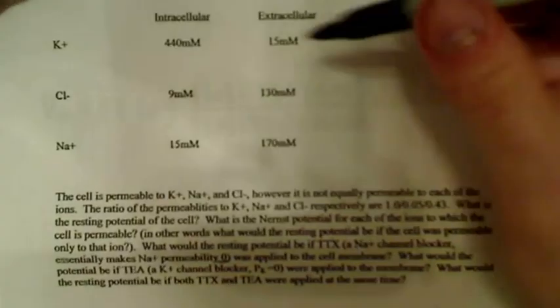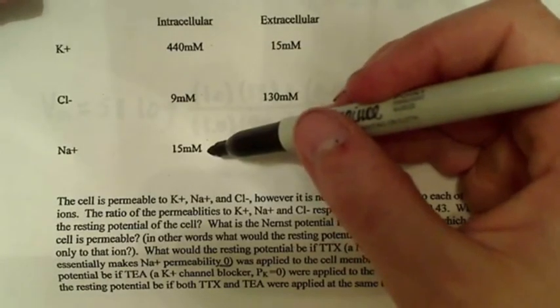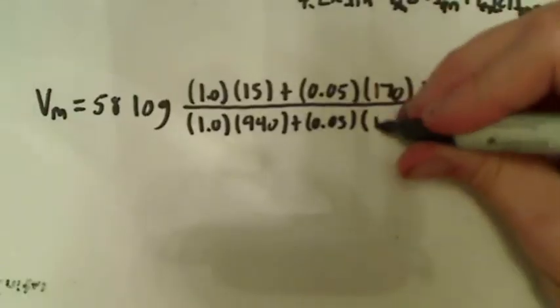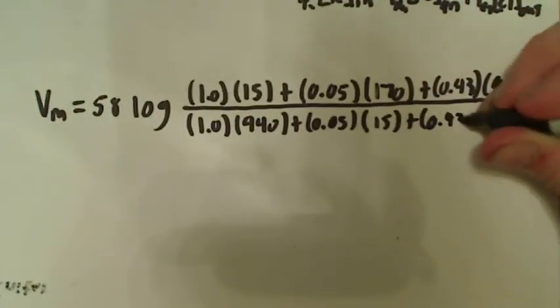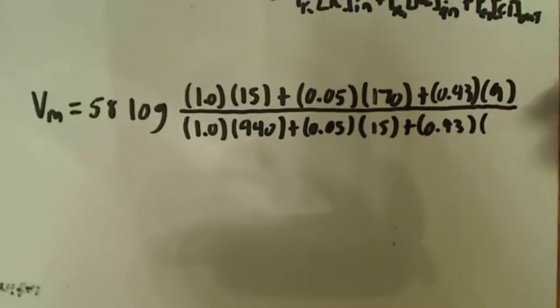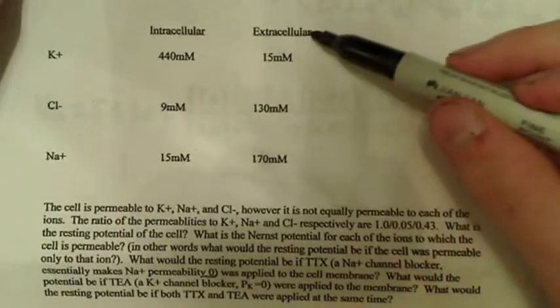And let's see what Na+ inside the cell is, only 15 here. So 15, and this is still the same permeability, 0.43. And now I want to know what Cl is outside. So it's 130.